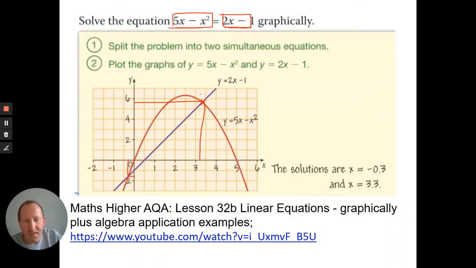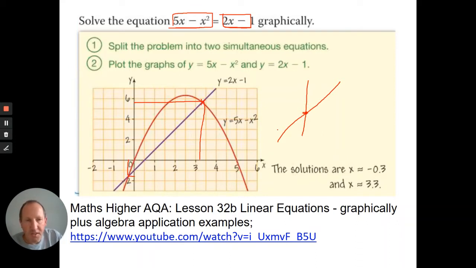So you simply read them off. It's a case of drawing the lines, seeing where they cross. That's your solution. You could have two linear equations, so you could have two straight lines, and where they cross there'll be one solution.